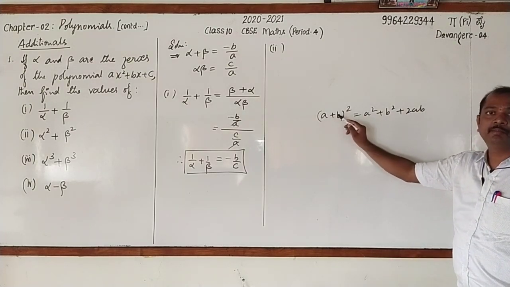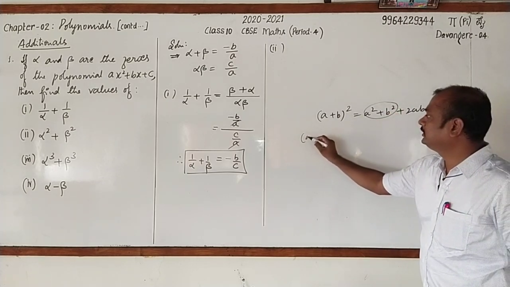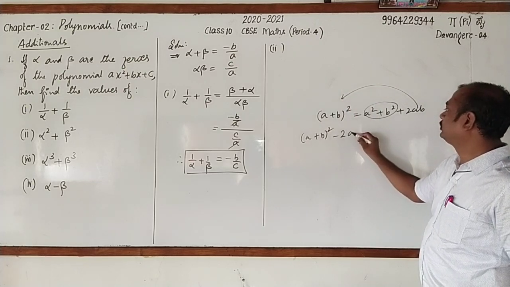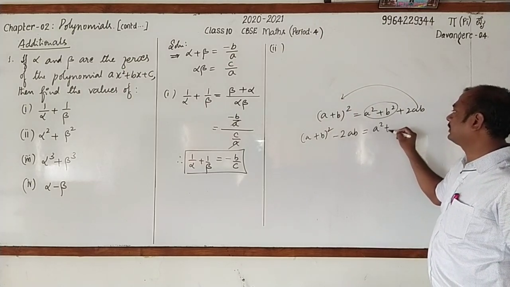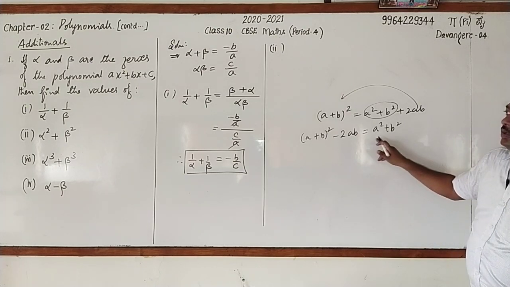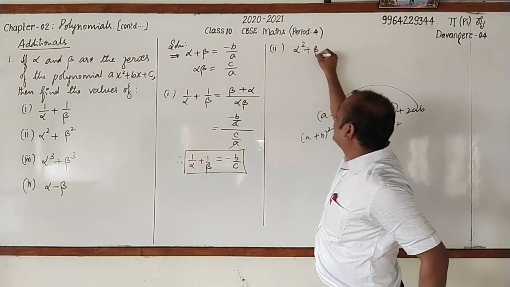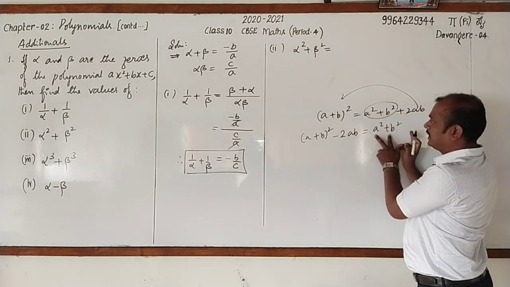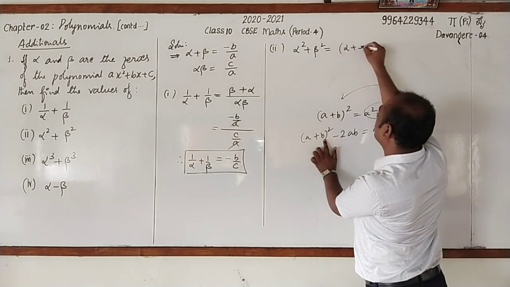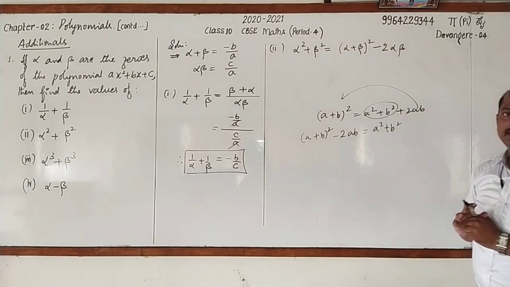Assume that a is alpha, b is beta. Then alpha square plus beta square: a plus b whole square, transfer here, minus 2ab, is equal to a square plus b square. Did you understand? Now, alpha square plus beta square is there. Can we write alpha square plus beta square as alpha plus beta whole square minus 2 alpha beta? Is it not?